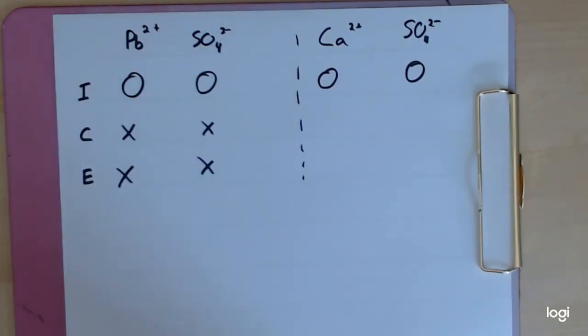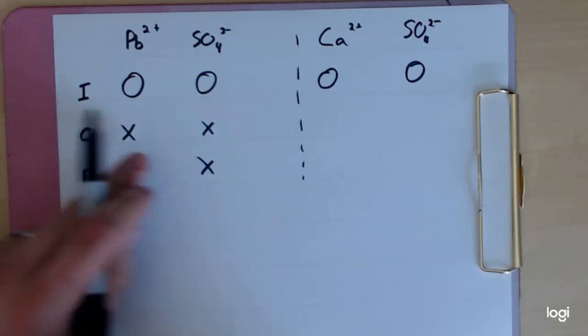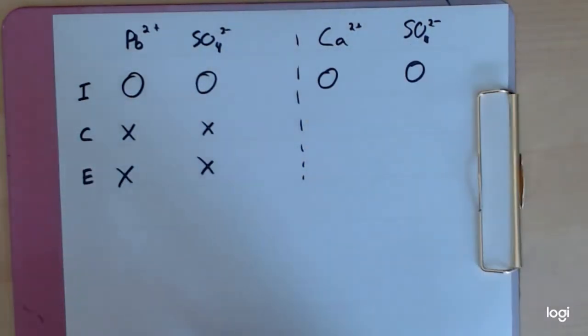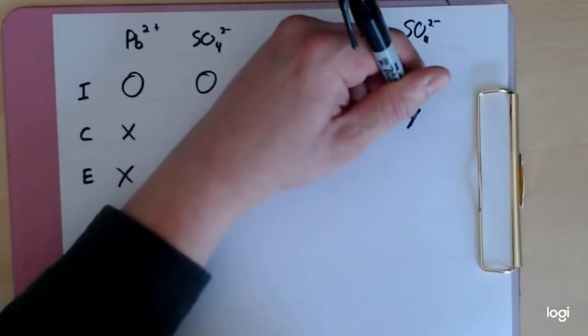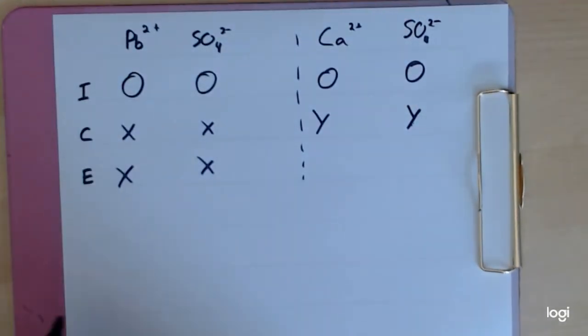Now let's go over to the calcium sulfate reaction. Similarly, we don't know how much of this will be dissolved, but we know that for every part calcium dissolved, we also have a part sulfate dissolved.